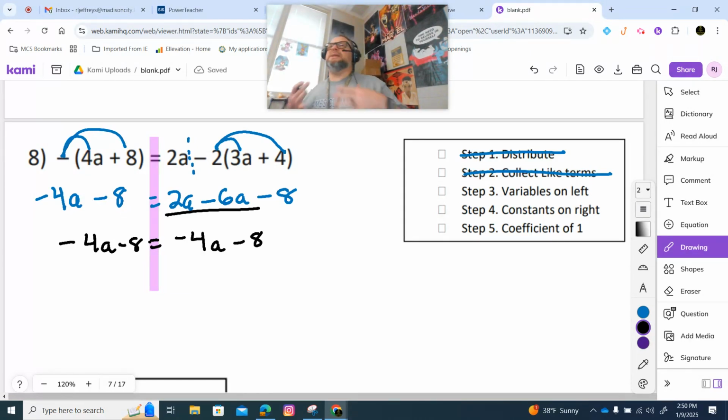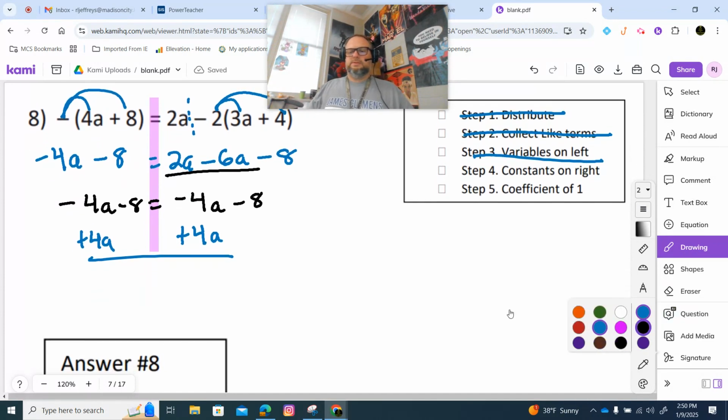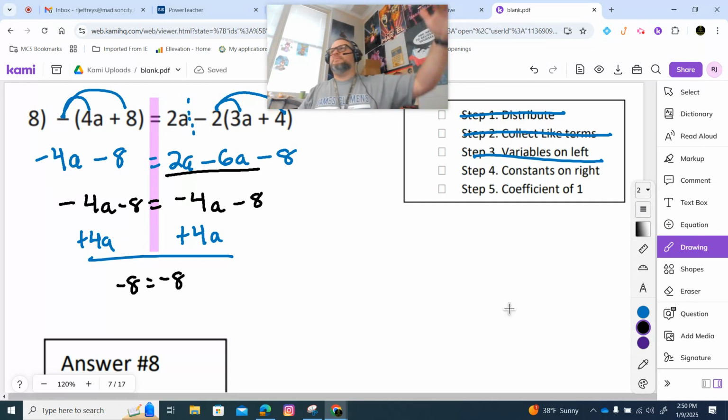Remember, this is where I said Mr. Jeffries would stop because I know this is the same. All right. But I know some of y'all will have to go on until you get this, and then some people will go on until they get 0 equals 0.